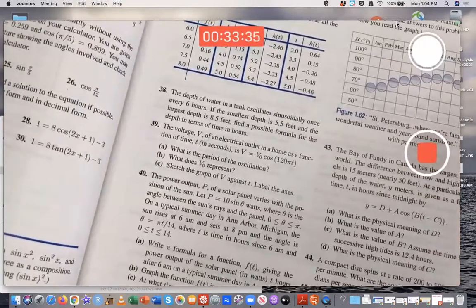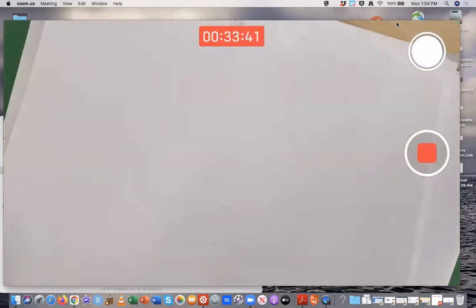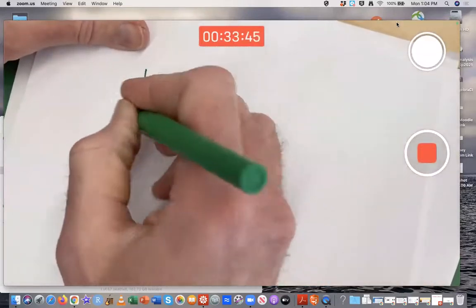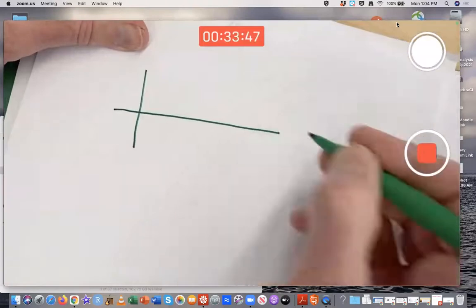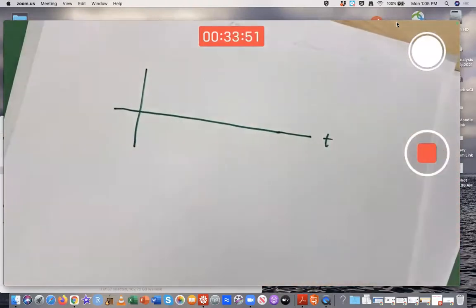Let's start with assuming the maximum depth is at t equals 0. It's probably good to draw a graph first instead of just trying to write a formula. So make a graph like this and make your horizontal axis kind of long like that. And we can do d for depth.